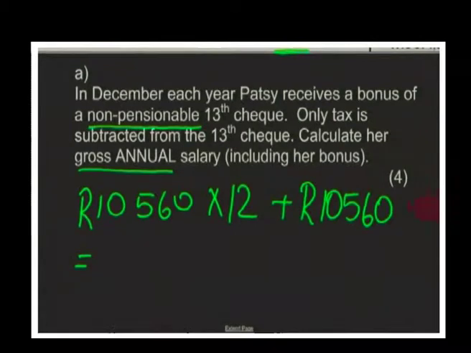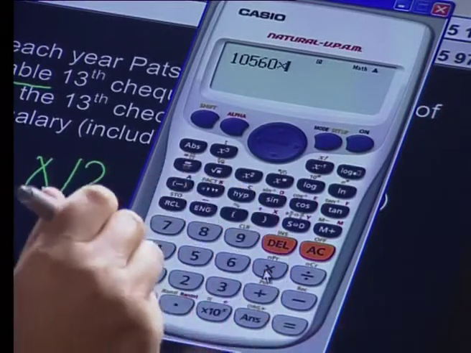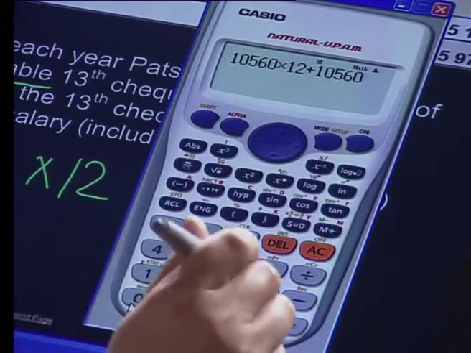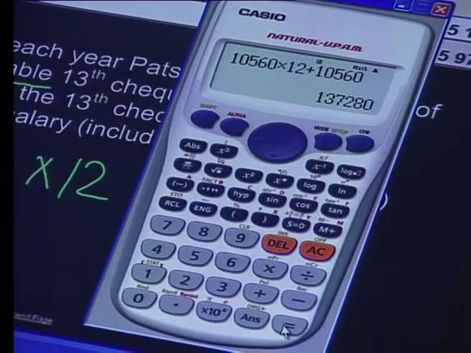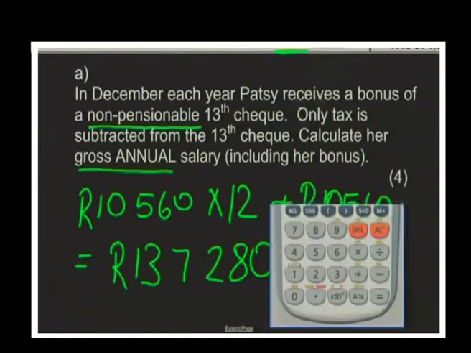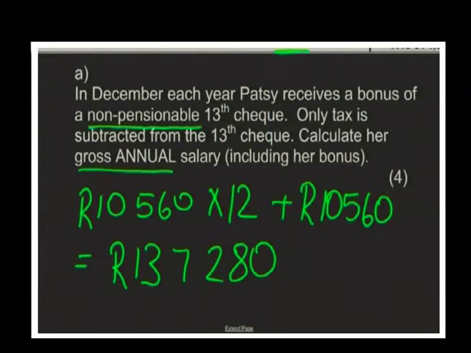So either one of those calculations will actually get you to her gross salary. Let's do that on the calculator. So she earns 10,560 times, I'll do the 12, plus another 10,560, and we get an answer of 137,280. So she earns 137,280. I'm just going to go check that I've got that number correct. 137,280. That is her gross salary. Really simple calculation. That's including her bonus.